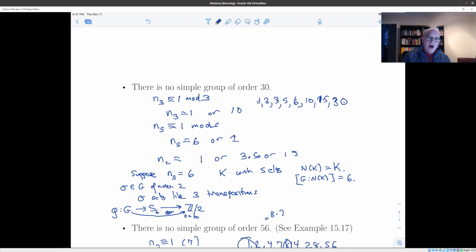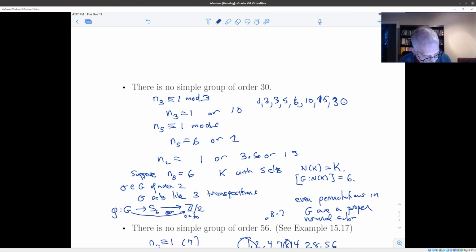And because it's onto, its kernel has to have 15 elements. Its kernel can't be trivial, and its kernel can't be the whole group, so its kernel has to be a proper normal subgroup. So the even permutations in G are a proper normal subgroup.